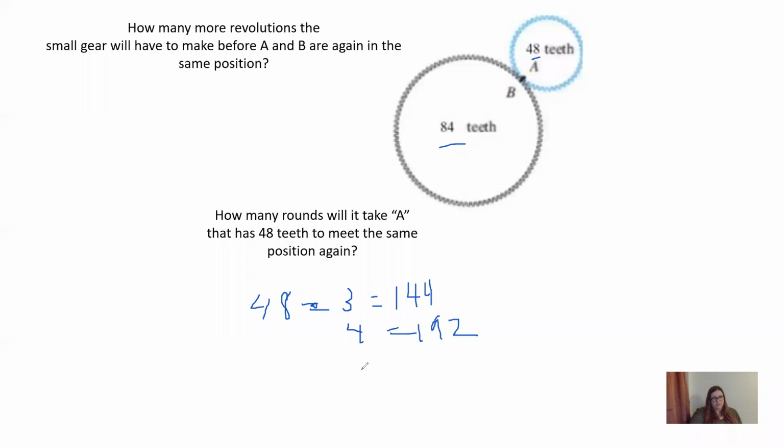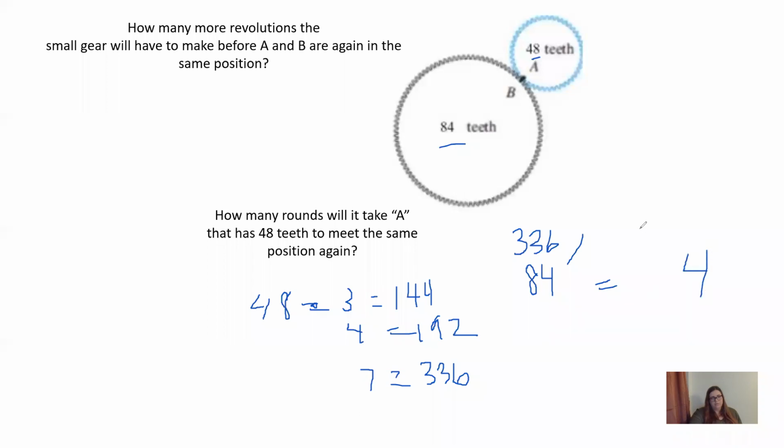So I'm going to skip to 7. 48 times 7 is 336. If I do 336 divided by 84, then I get 4.